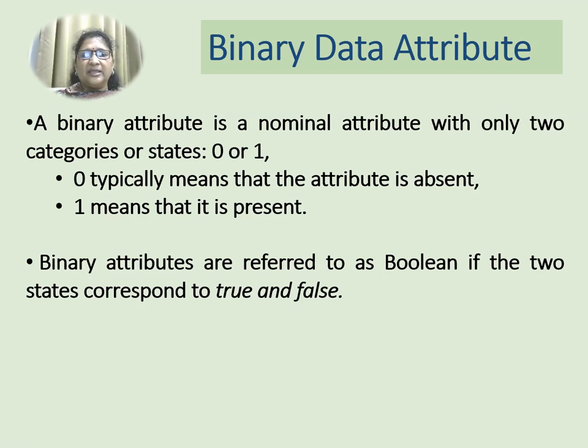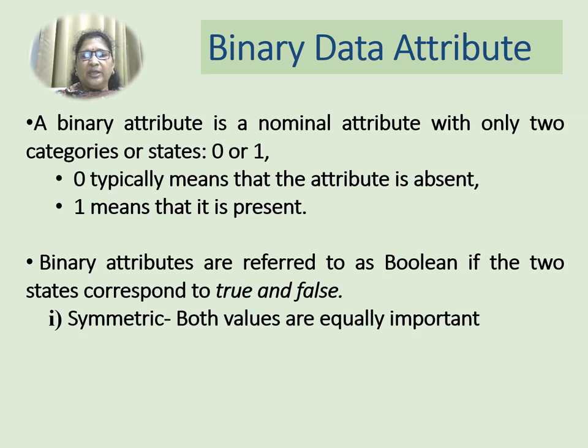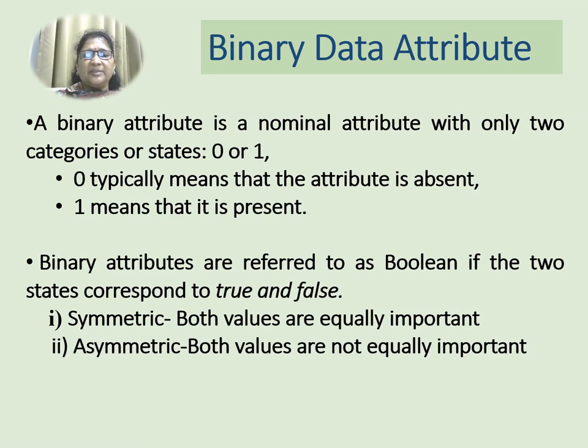So it is mutually exclusive. You can represent positive and negative with the numbers 0 and 1. Binary attributes are also referred to as Boolean because they are in one of two states, either true or false. These binary attributes are further classified as symmetric and asymmetric.